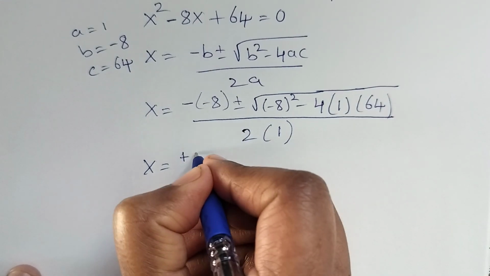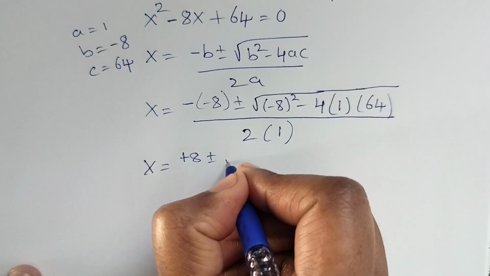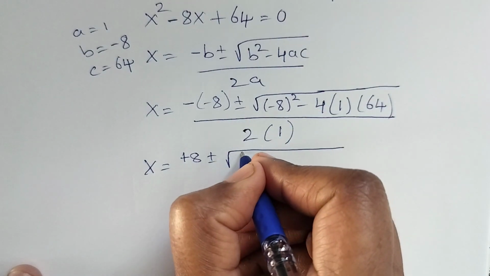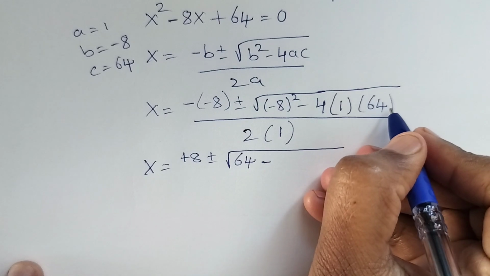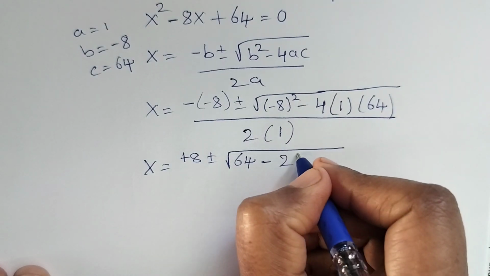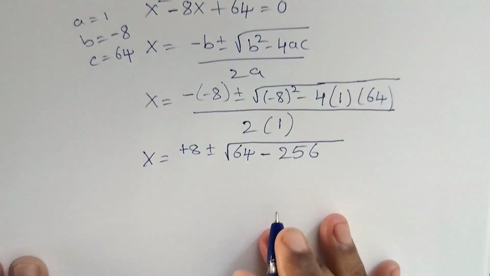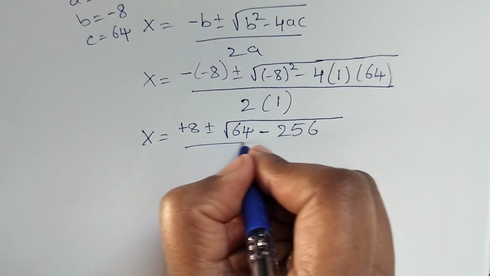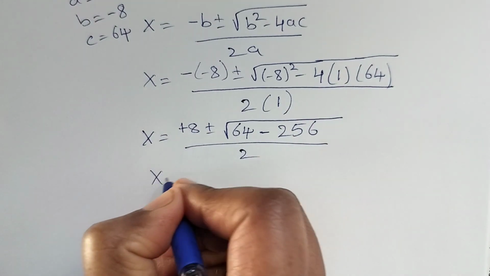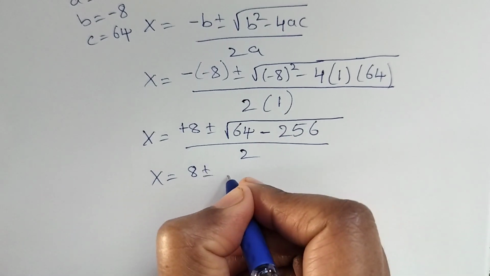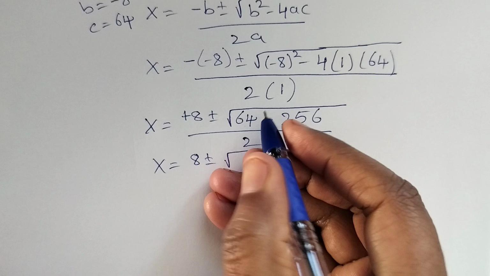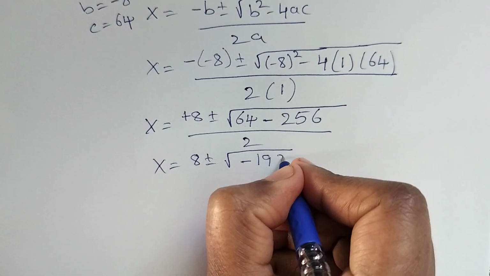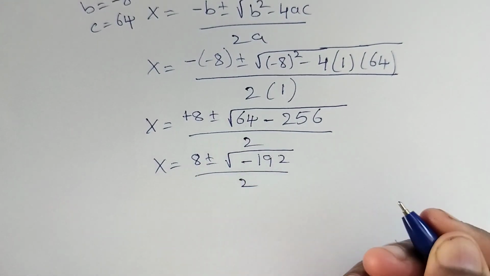So plus 8 plus or minus square root of 8 square which is equal to 64, minus 4 times 64 which is equal to 256. So divided by 2. So x is equal to 8 plus or minus square root of 64 minus 256 which is equal to minus 192. So divided by 2.